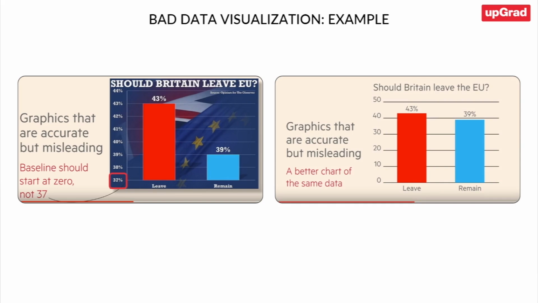This comes back to the fact that people look at the visualization more than they look at the numbers. In the chart on the left, it looks like the differences are extreme. People won't even look at the scale, but once you correct it, you suddenly get a better sense of what the truth is.